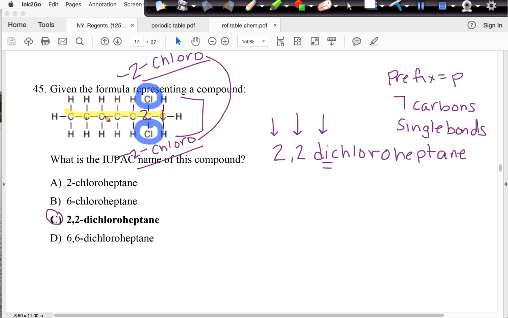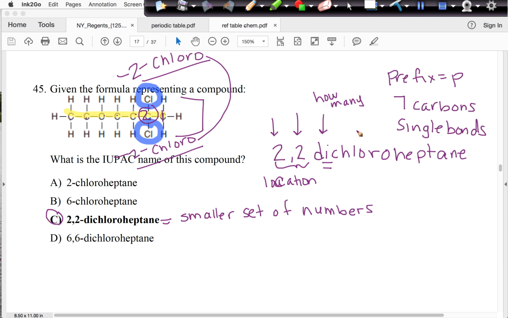Even though it's 1, 2, 3, 4, 5, 6 from this end, we always use the smaller set of numbers to identify the location. So these are the location. This is how many. And this is the name of the branch. And then heptane is the name of the parent chain.